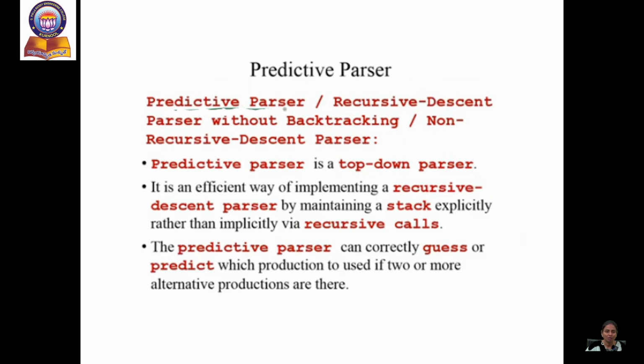Here I have clearly given how many names we can use for this method. I have given the heading as predictive parser, and it can also be called the recursive descent parser without backtracking, or the non-recursive descent parser. It is a top-down parser, and it is an efficient way of implementing a recursive descent parser without allowing backtracking.